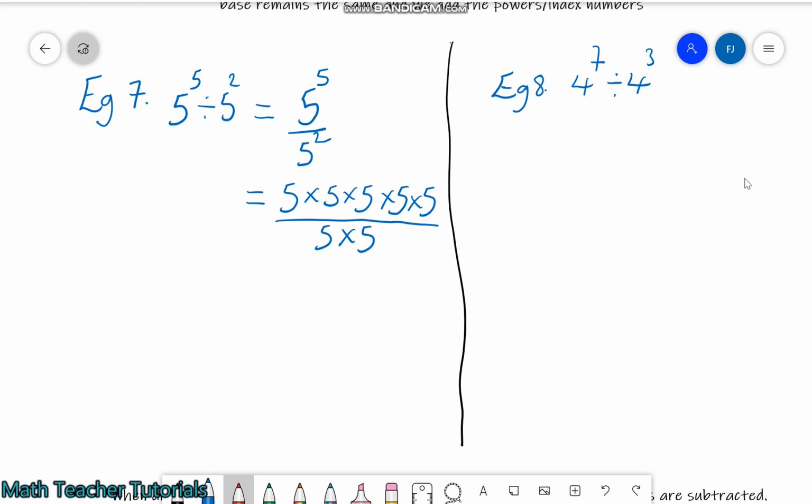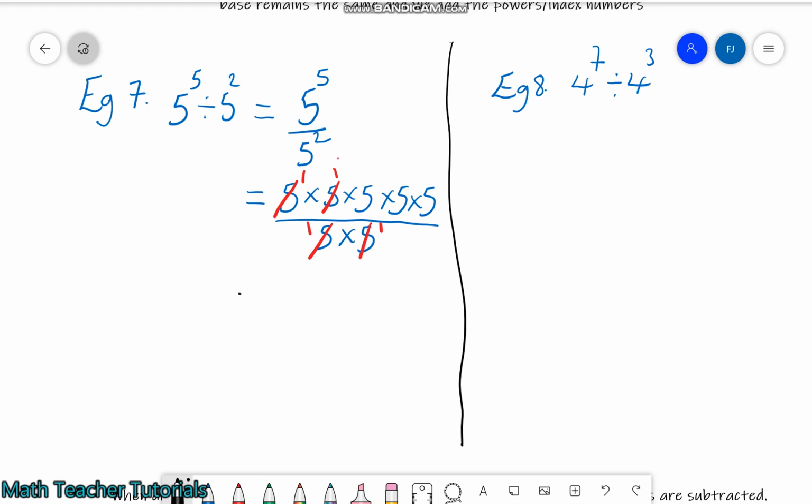So the highest common factor being 5, we'll see 5 divided by 5 is 1, 5 divided by 5 is 1, 5 divided by 5 again is 1, and 5 divided by 5 is 1.